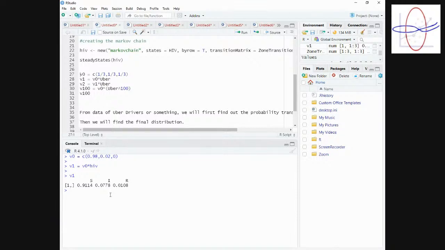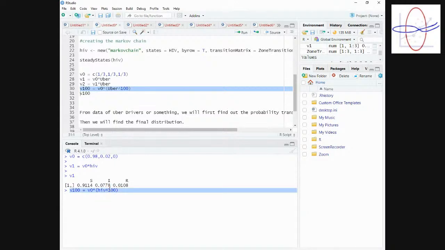So let's understand why the steady states, where it is actually going. We know that the 100th step will be p0 into p to the power 100, right? So by the result we have got, this is the final idea.